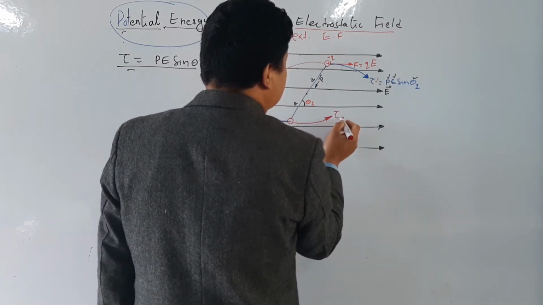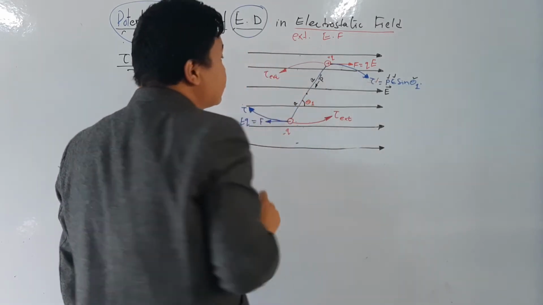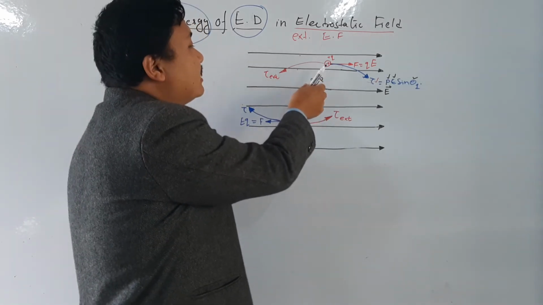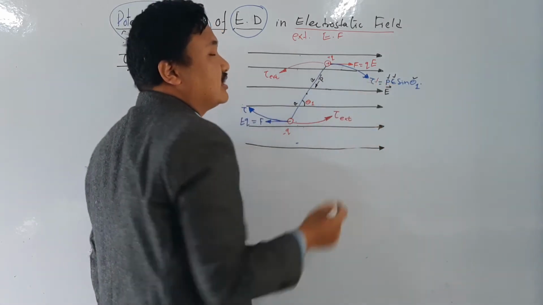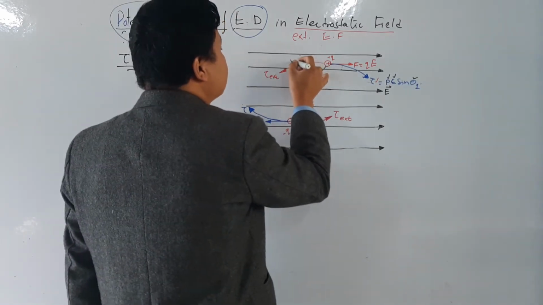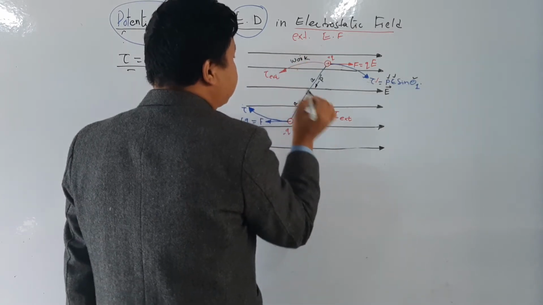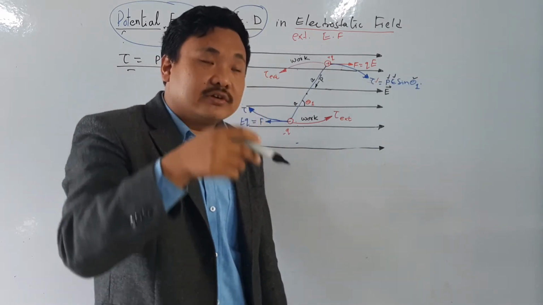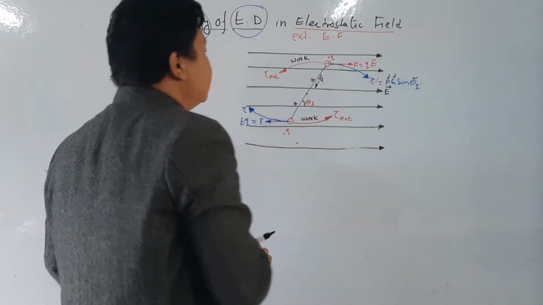Again I am going to give external torque. So let us rotate the dipole in opposite to this torque with some external work done. So I will do work here. Right? Are you getting this or not? It was rotating like this, and with some external force I am rotating this in this direction.